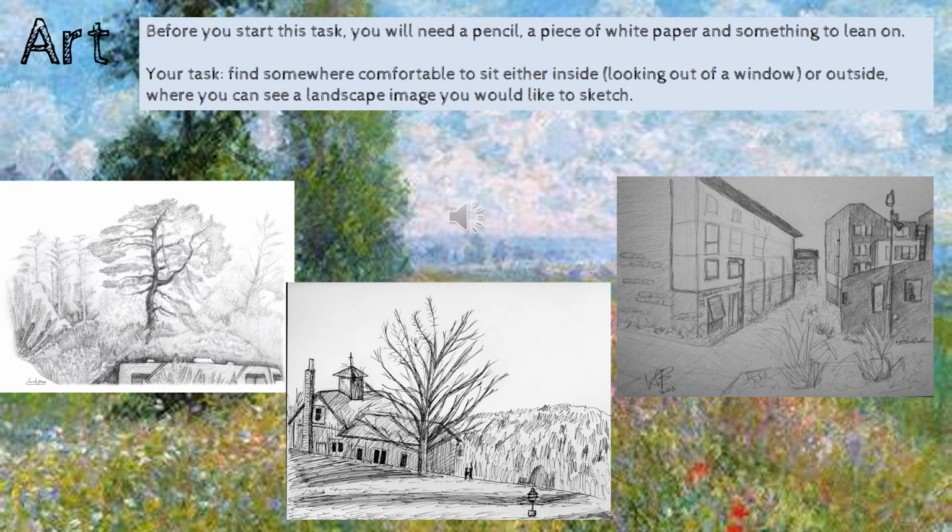If you can't see any natural scenery from your house, you could ask your adults to go on a walk and see if there's any natural scenery that you could sketch on your walk. If this isn't possible, have a look online and find a natural scene you would like to sketch.